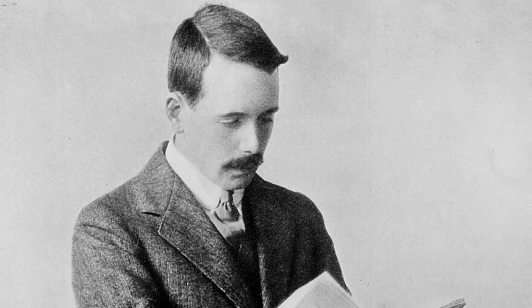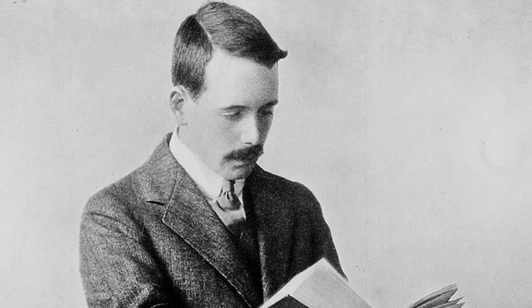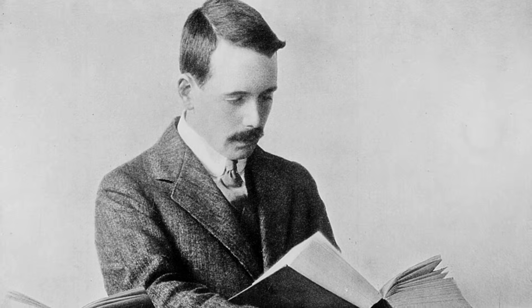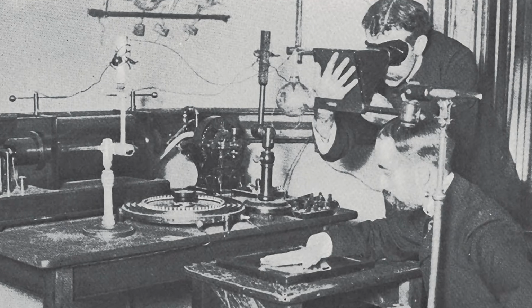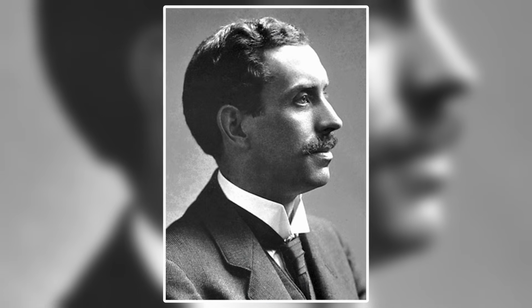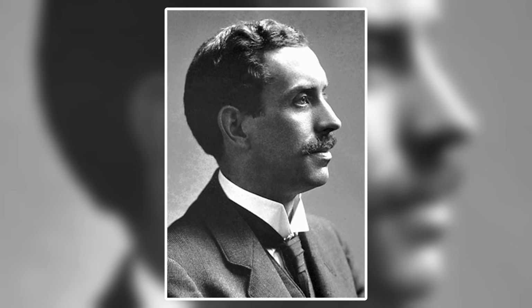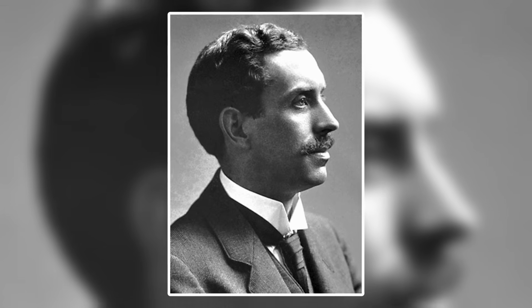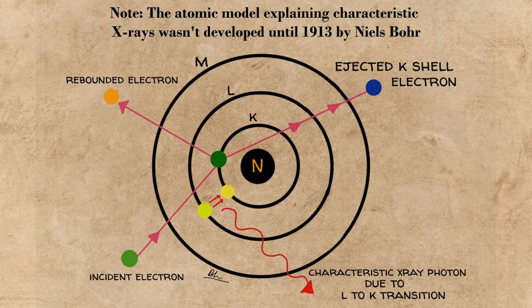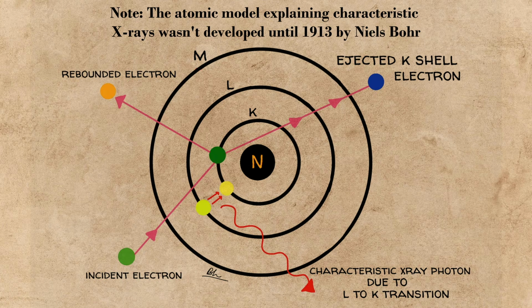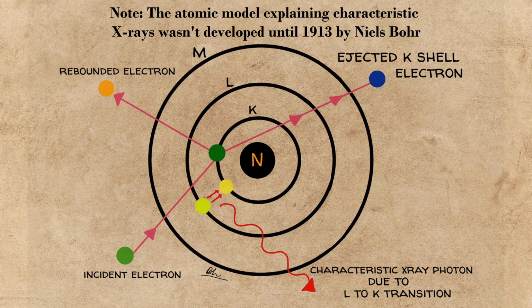While working under Rutherford, Moseley developed an interest in the study of X-rays, which was a relatively new field of physics at the time, as the rays were discovered less than 2 decades earlier in 1895. In 1909, British physicist Charles Barkla found that each element has a characteristic X-ray that electrons emit when transitioning from higher energy levels to lower energy levels in the atom's orbit around the nucleus.